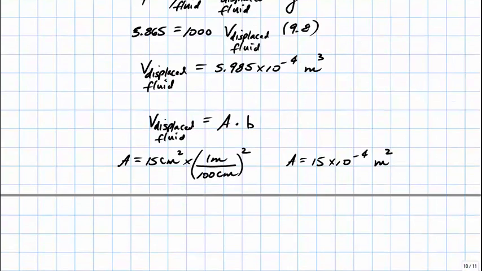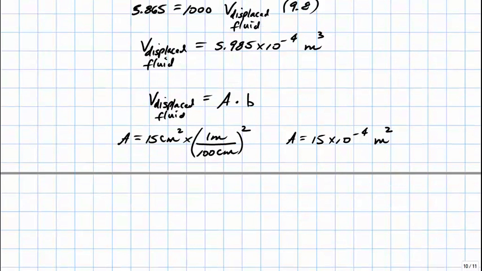Once again, the volume of the displaced fluid was given as 5.985 times 10 to the minus fourth. The area was just calculated as 15 times 10 to the minus fourth.